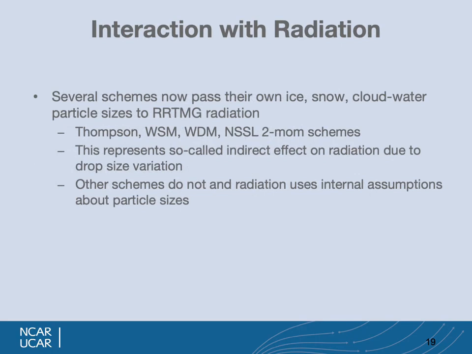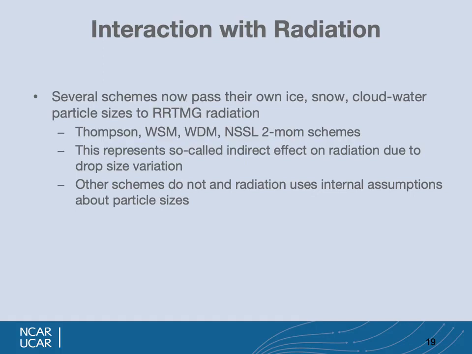Clouds also interact with the radiation, and the main thing the radiation needs from the microphysics is the sizes of the particles to do the interaction more accurately. So several schemes can pass their ice, snow, and cloud water particle sizes to the RRTMG radiation option. Thompson, the WSM schemes, WDM schemes, and NSSL two-moment schemes can all do this.